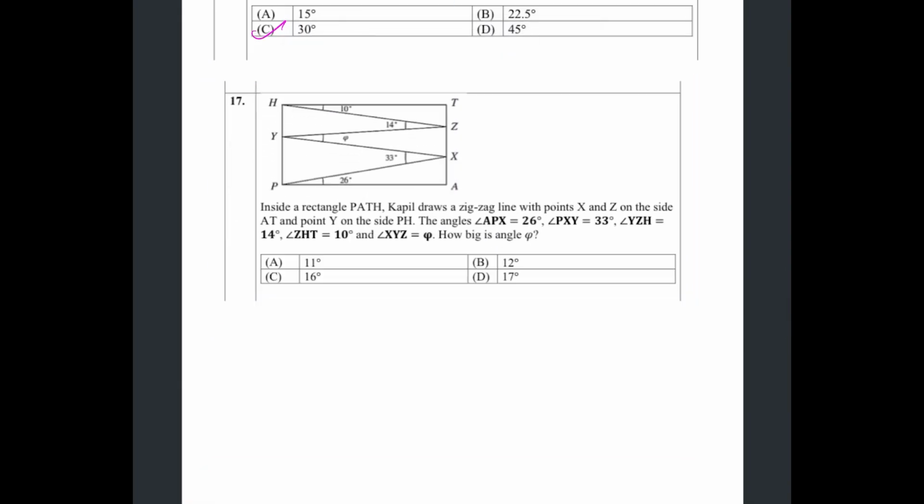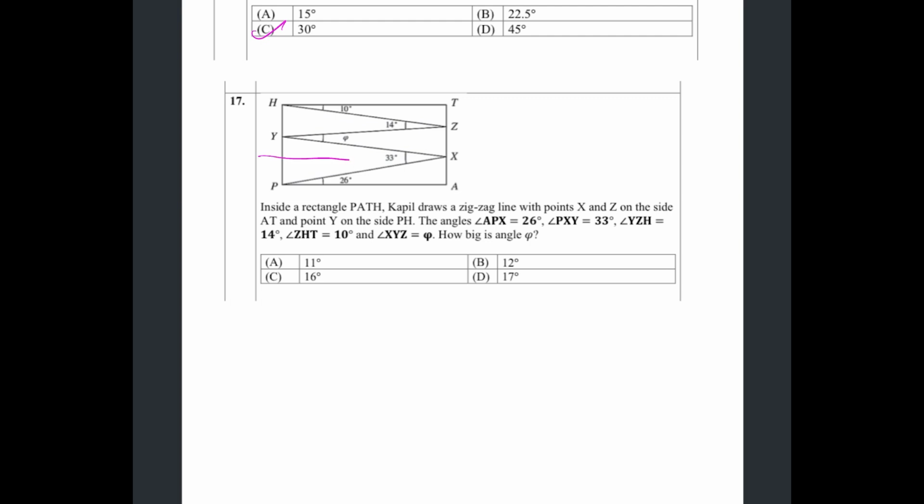Okay, this is a very straightforward question. Question 17. In a rectangle path, couple draws a zigzag line. So this is the zigzag line, P, X, Y, Z, H, and the angles are as given.